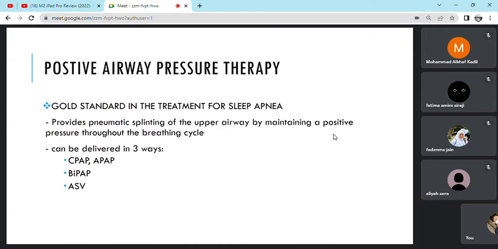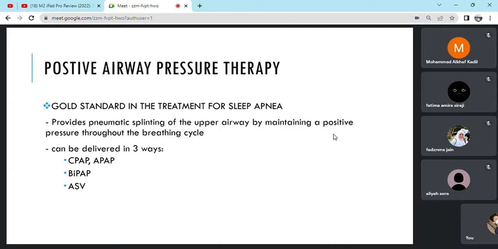So what is the principle behind positive airway pressure? Again, as I said, we have seen in the pathophysiology that after the hypoventilation, the patient will go into narrowing of the upper airway. So the positive pressure that is given by these devices will maintain the patency.